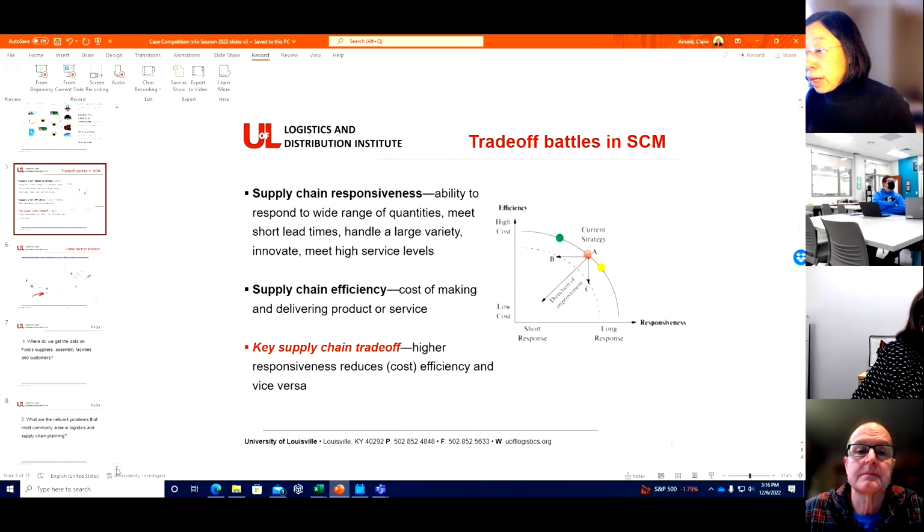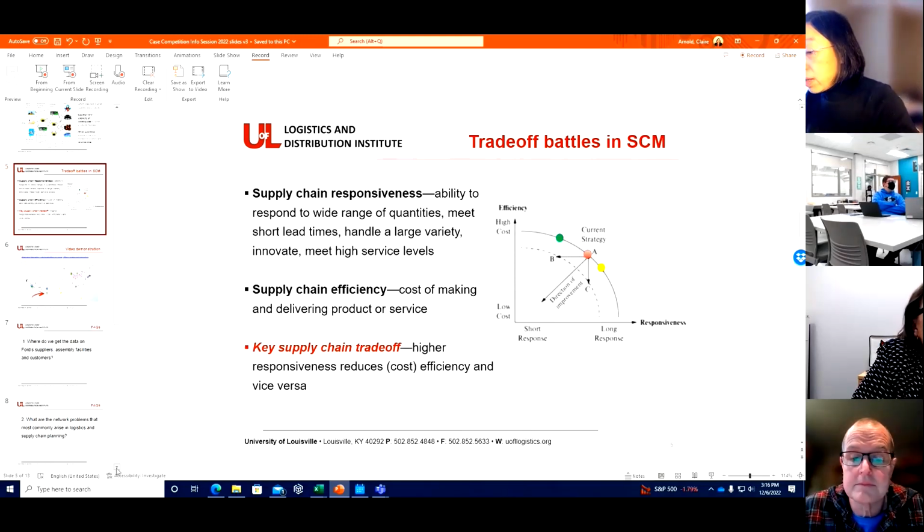As long as you can make a case, for example, down to those 3 pink and yellow points, those are my 3 candidate strategies. As long as you can make an argument, say, I want to pick the yellow one, even though the response time is longer, the cost is lower. In that case, just make your argument. Part of the fun of doing a case study is that it's open-ended.